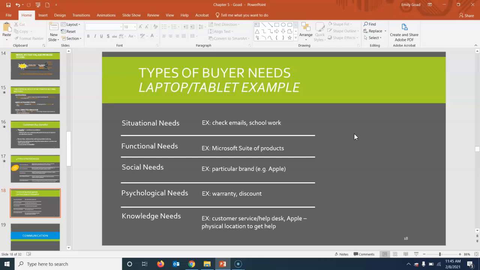And then a knowledge need has to do with the ability to get information. So with a firm, I often say like training. In this example, it might be if you need help, you have customer service or a help desk to get information. Or with Apple, there's a physical location, an Apple store that you can physically go to get help.